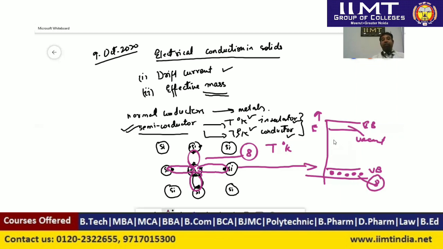So by fundamental knowledge, we know that if a material has to show conduction, it can be shown only through the movement of electrons, and electrons move only and only in the conduction band.